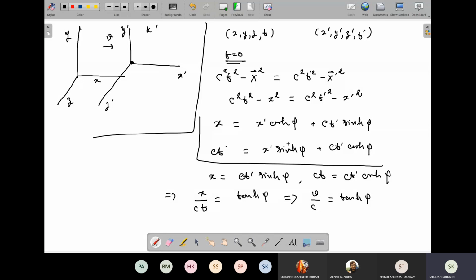Now you can use this. This means the following: tan hyperbolic phi equal to V by c means sine hyperbolic square phi equals V by c whole square into cos hyperbolic square phi, because tan hyperbolic square will be V by c whole square, but it is sine hyperbolic by cos.